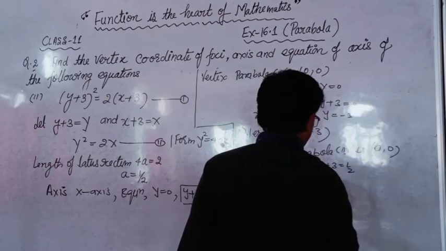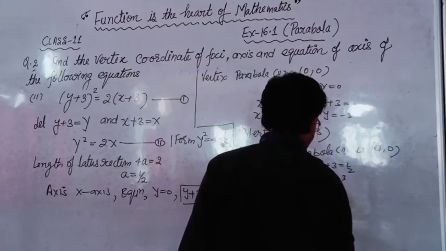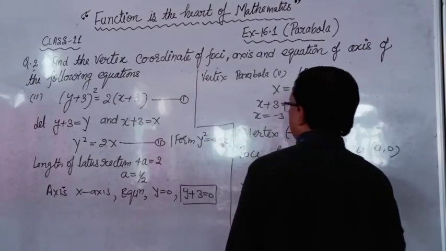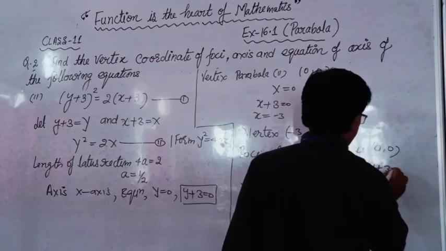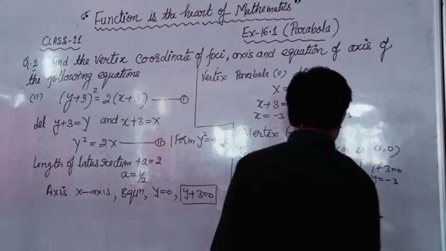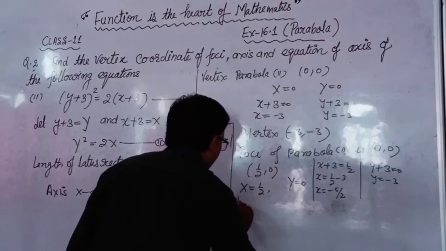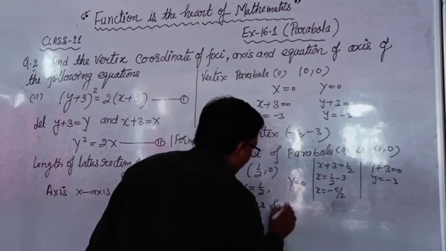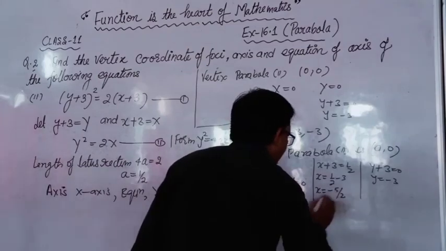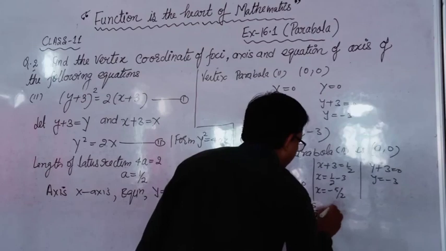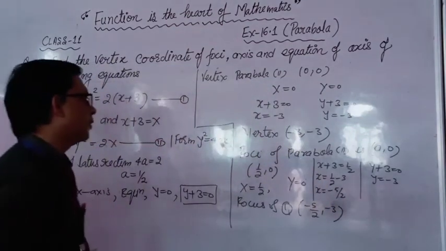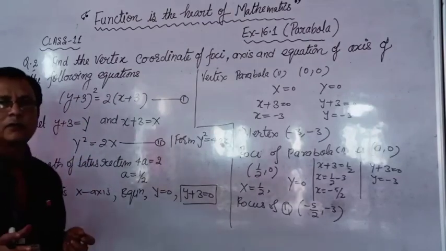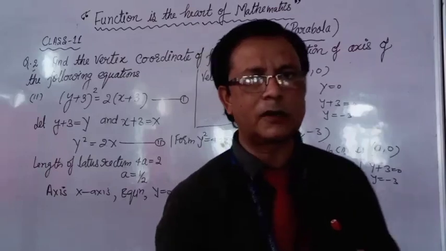It means x is equal to 1 by 2 minus 3, x is equal to minus 5 by 2. And Y is 0, it means y plus 3 is equal to 0, y is equal to minus 3. So focus of parabola 1 is minus 5 by 2 comma minus 3. This is the focus of the parabola. So student, note this question. How we find the equation of axis, focus and vertex of converted parabola.